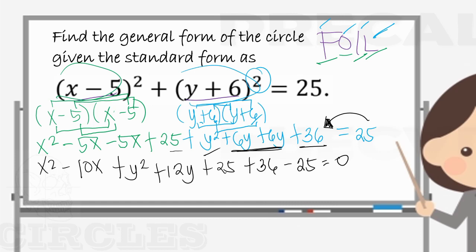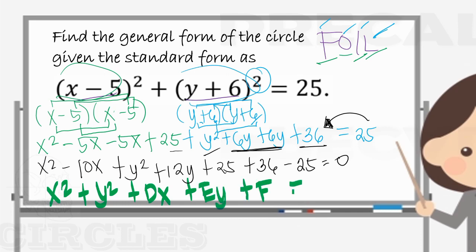So, recall natin yung general form, which is x squared plus y squared plus dx plus ey plus f is equal to 0. So, ito yung form na susundin natin. So, based dito sa form na to, una natin sulat is yung x squared. And then, yung y squared.